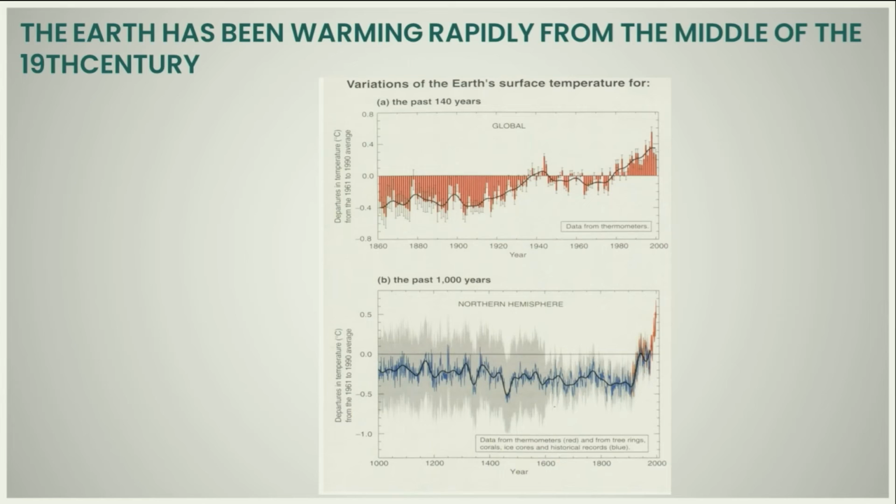And if we expand the bottom curve and look at just the last 100 years, we see how the temperature has risen, and there was a pause in about the 1920s, 1930s, and then it's carried on rising rapidly since then.